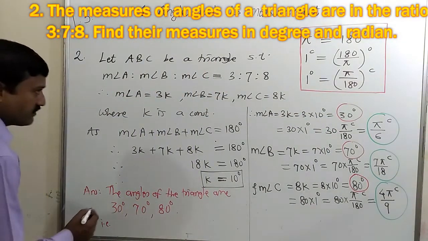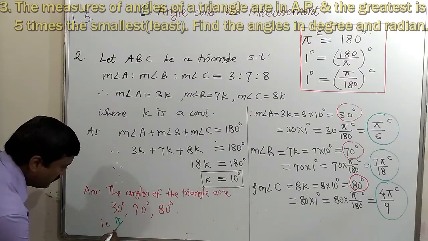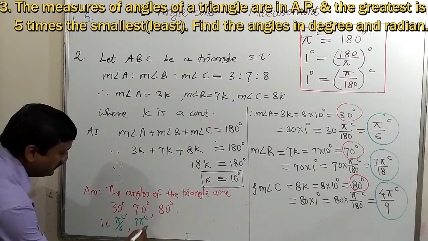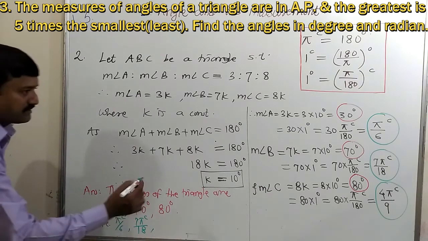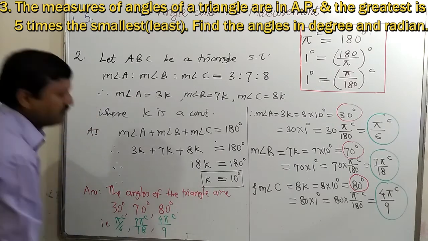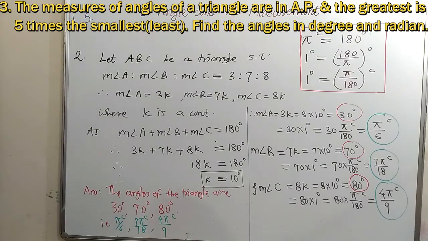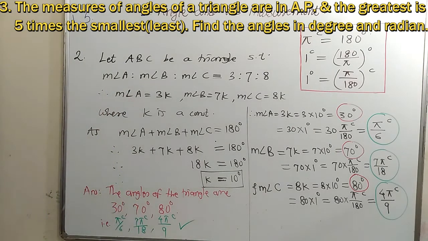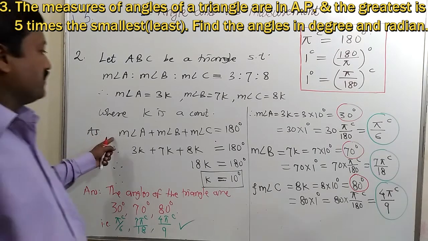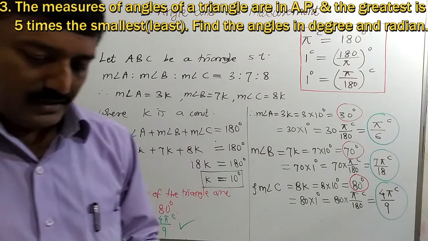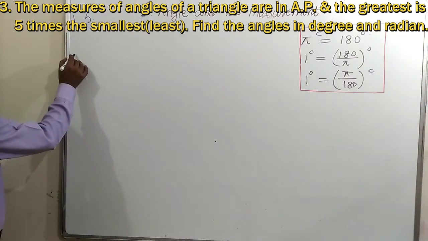So these are the angles of the given triangle. Okay, it's also very simple. By using the property of triangle we get the constant, and putting the constant we get the measures of angles of the triangle.